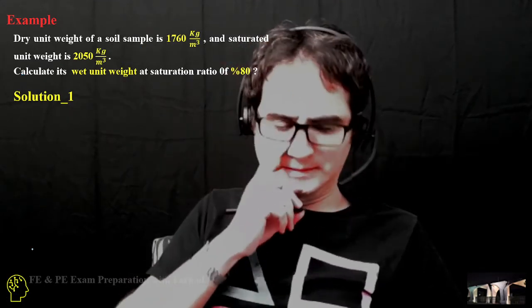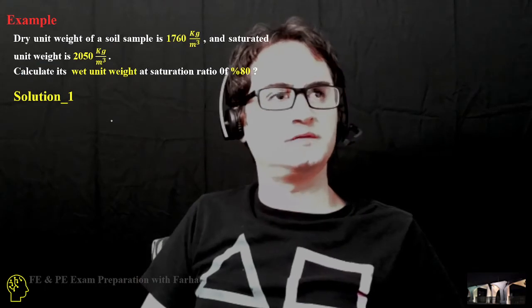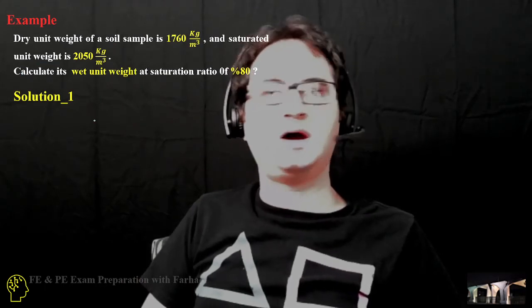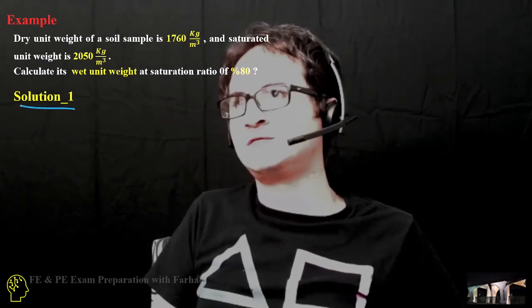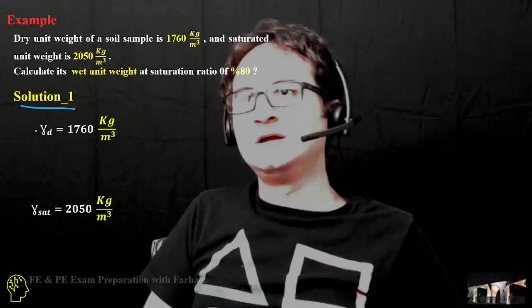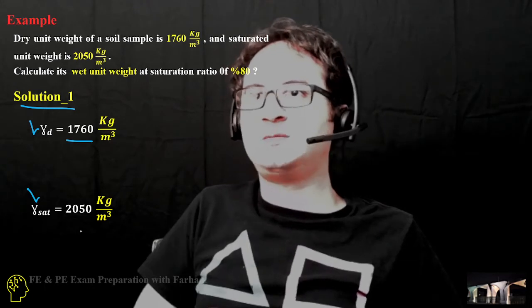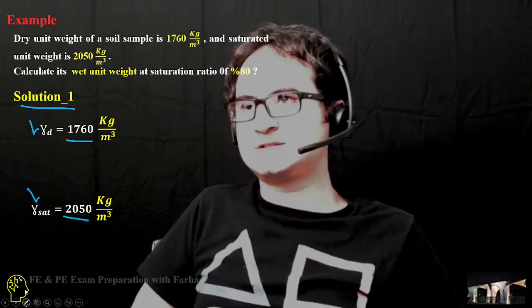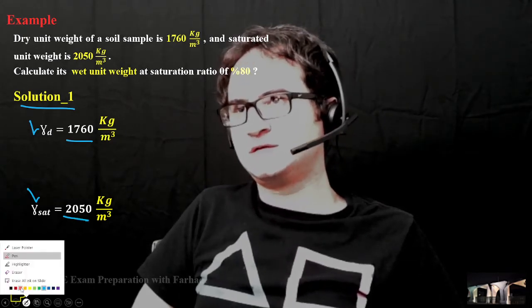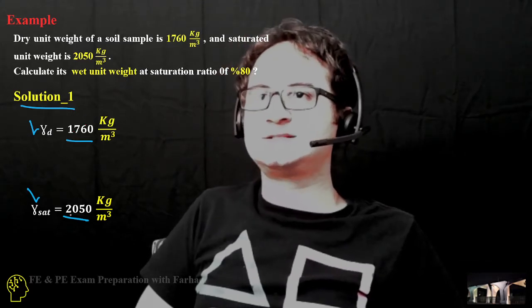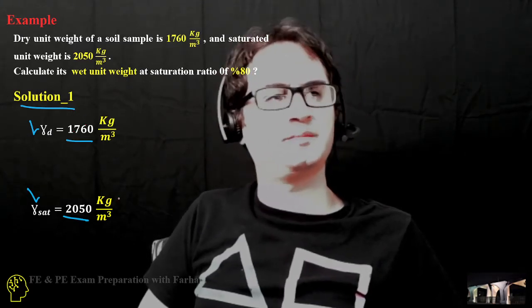So we will solve this problem with two approaches. Solution one: based off the problem statement, we have gamma D and gamma saturated of 1760 and 2050 kilogram per meter cubed.